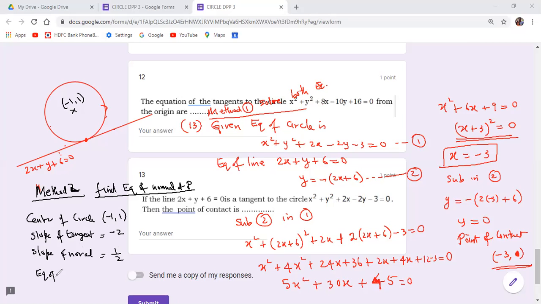Equation of normal: y minus 1 is equal to 1/2 into x plus 1. 2y minus 2 is x plus 1. So what is the equation of normal? x minus 2y plus 3 equal to 0.